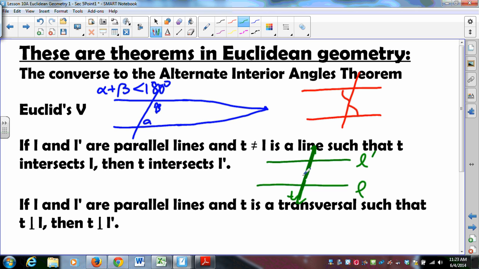Of course it does. Yes, that's Euclidean geometry. Similarly, if you have parallel lines and you bring in a transversal that's perpendicular to the one, well, not only does it intersect the second line, it is perpendicular to it. That is standard Euclidean high school geometry.